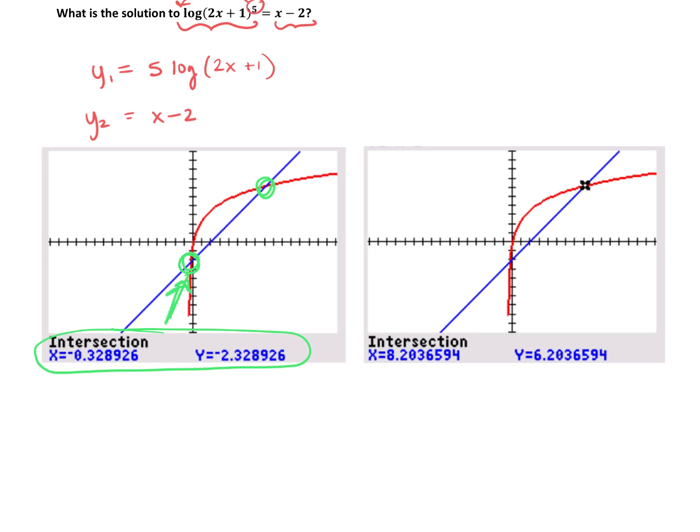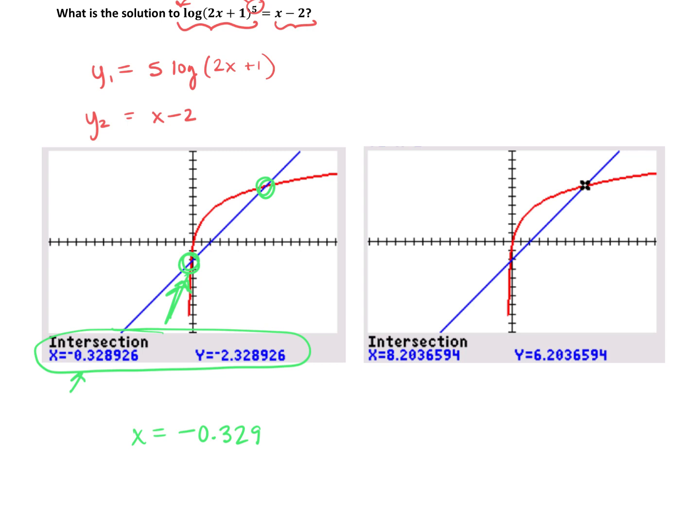Because our original equation has all x's, yes, that is the ordered pair where those two functions cross, but it's the x value that would be the solution to the equation. So x is equal to negative 0.329. That's one of the solutions for x we got from our graphing calculator.